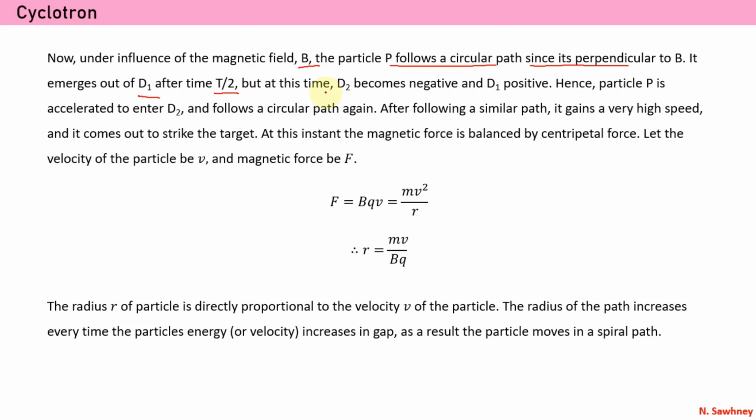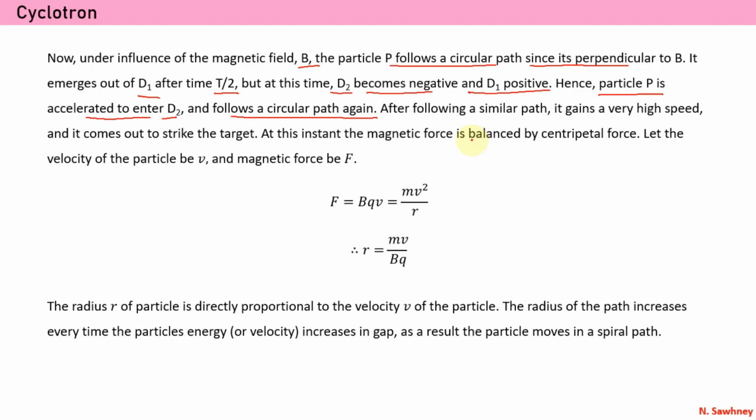But at the same time D2 becomes negative and D1 becomes positive. That means as soon as the particle comes out of D1, the polarities of the Ds get changed, and hence the particle P is accelerated to enter D2 and follows a circular path again.